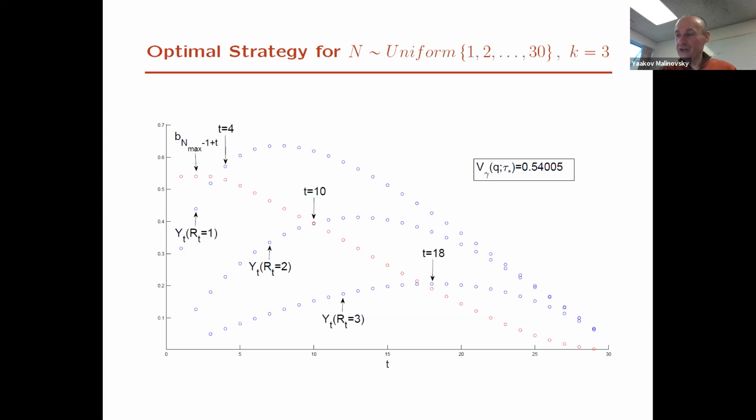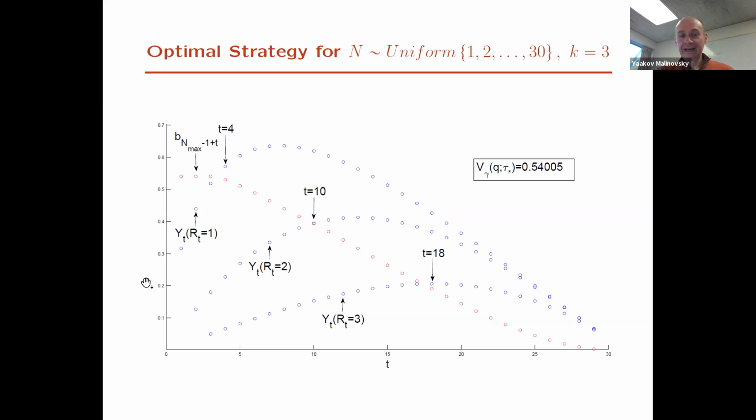If we take the horizon uniform on the integers 1, 2 to 30, and again we want to select one of the three best, if it exists, depending on the horizon. Again, we have three sequences of Y's depending on relative rank 1, relative rank 2, or relative rank 3.